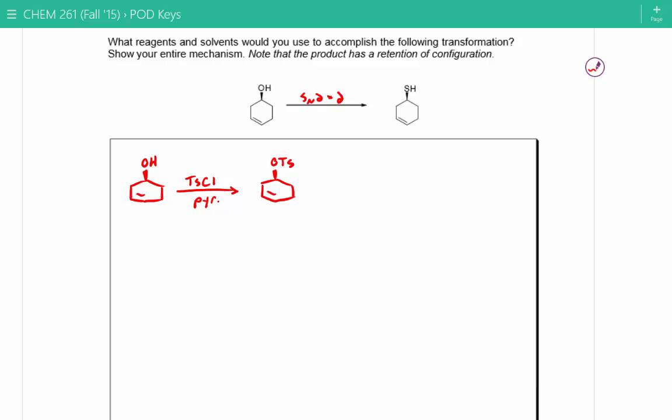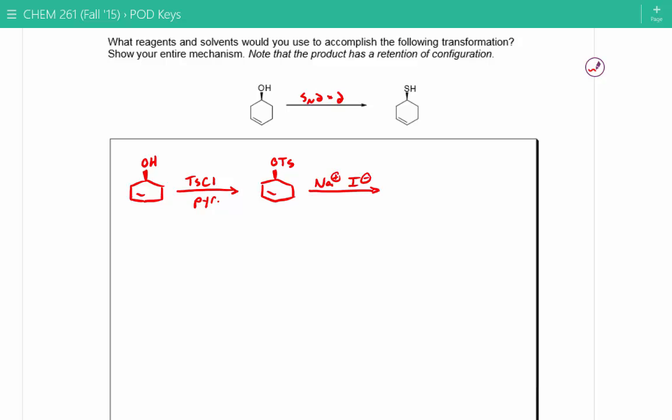Okay. What should I use for my first SN2 reaction? What nucleophile? Anybody want to throw out a suggestion? I heard sodium iodide the loudest, so I'll put that down. So we've got Na+, I minus. What sort of solvent should we use? So DMSO, acetone, something that's polar aprotic, right?